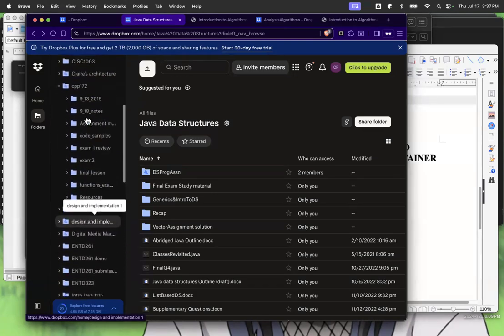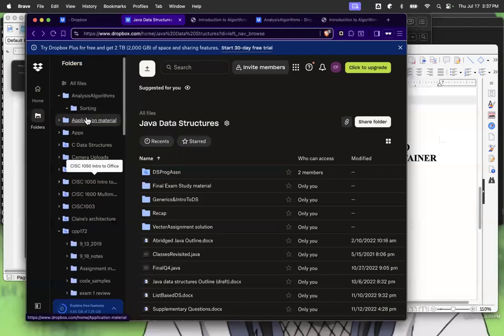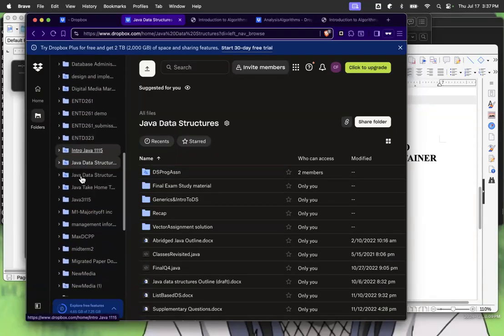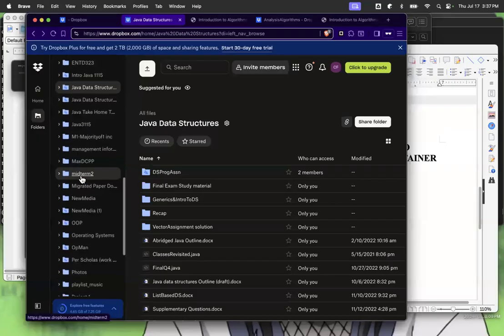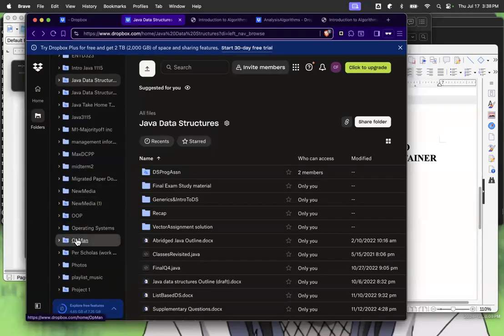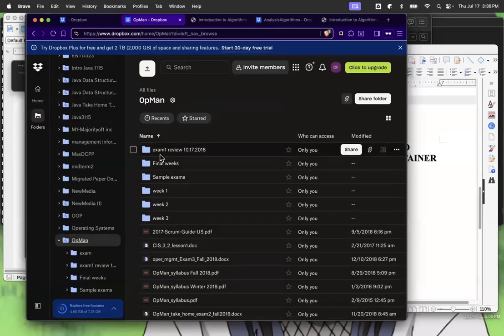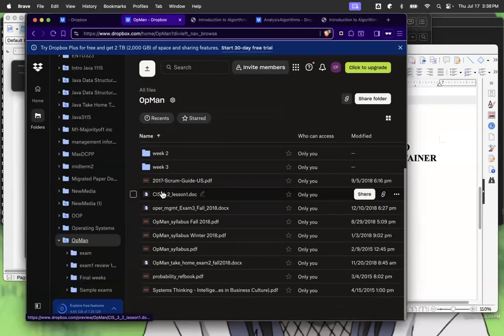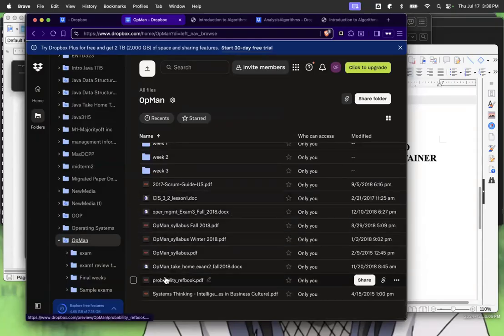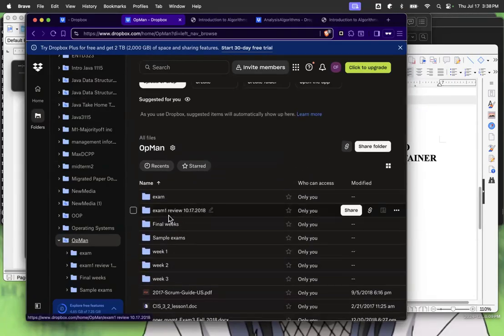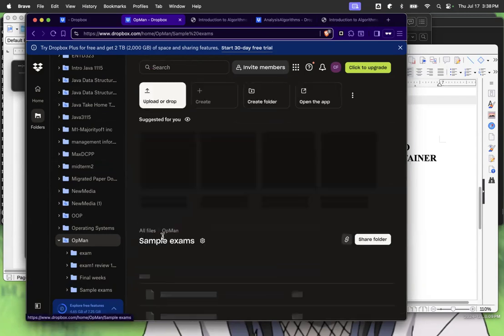Design and implementation, I think my e-business or my operations management stuff would also work. There we go, operations management. I have plenty of these. Let me see if I can find a practice final or a final sample exam.